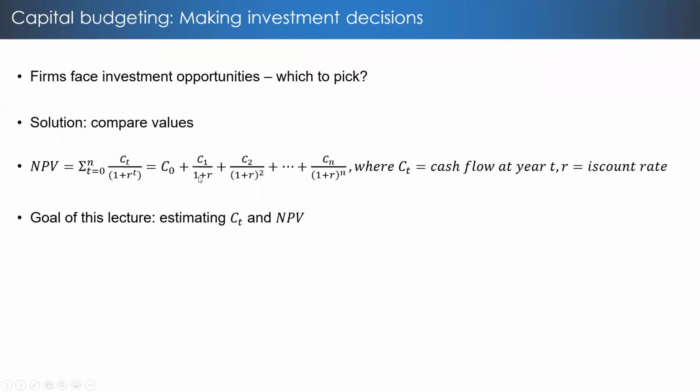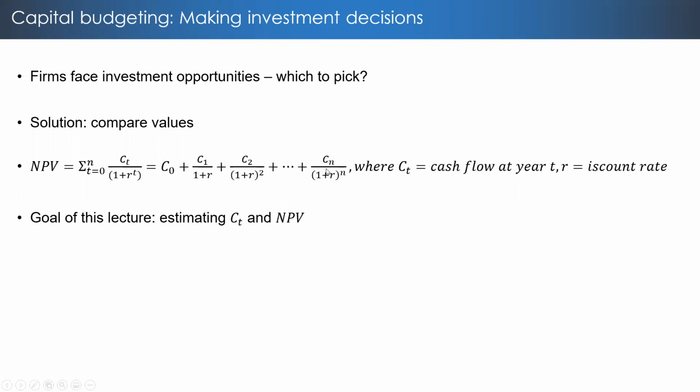We need to discount it back to the present by dividing by 1 plus r. And if C2 is the cash flow we're going to receive at the end of the second year, then we need to discount it twice so that we get a present value back at t equals 0, and so on and so forth.